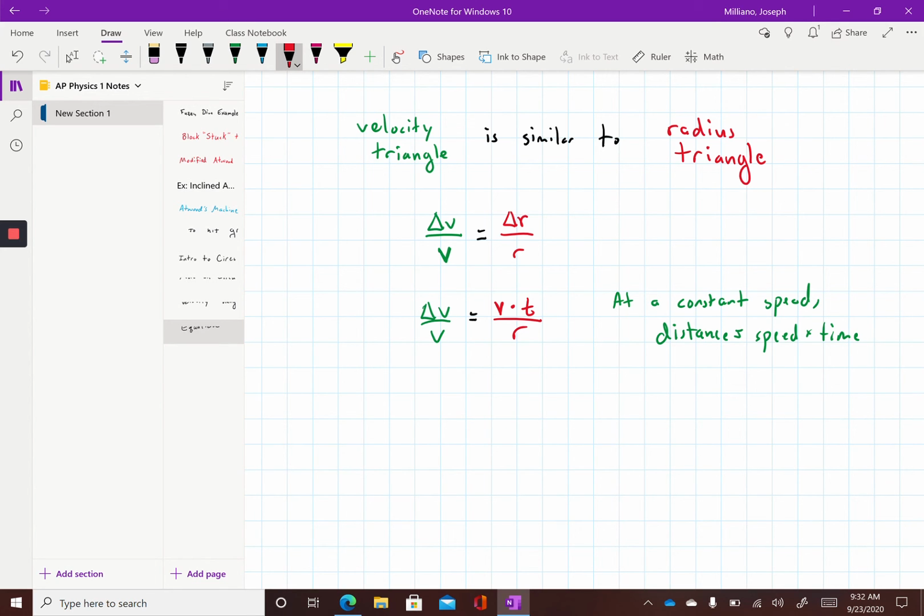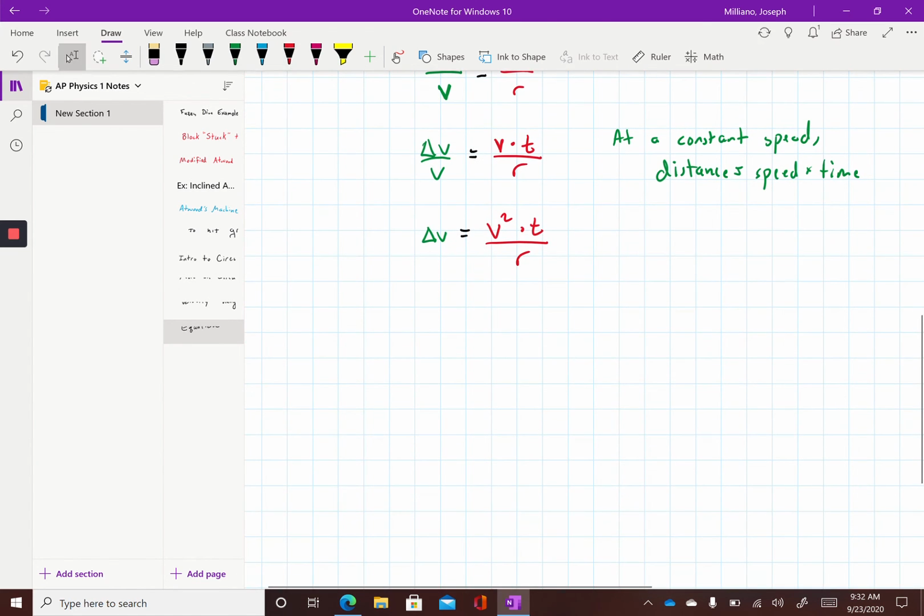There we go. We're back on track now. I'm going to multiply this v over to the other side, and what we get is that the change in velocity is equal to speed squared times time over the radius. And now I'm going to divide the time over to the other side, and what we have is the change in velocity over time. That must be equal to the speed squared over the radius.